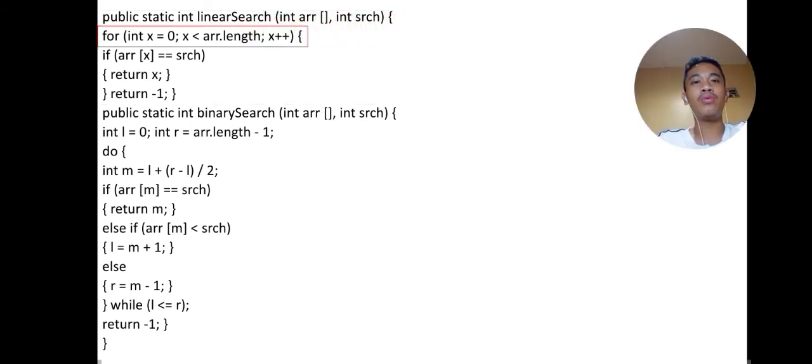Now it will read our for loop. This for loop only traverses each of the values in our array. So if ARR X is equal to SRCH, which is the value 6, it will return X. Otherwise it will return -1.